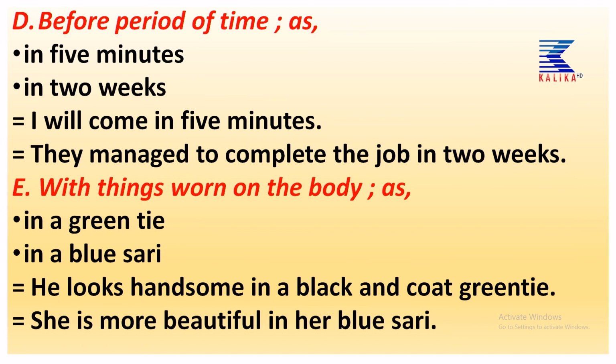We use in with things worn on the body, like in a green tie, in a blue sari. He looks handsome in a black coat, green tie. She is more beautiful in her blue sari. So, this is how we use in, children.